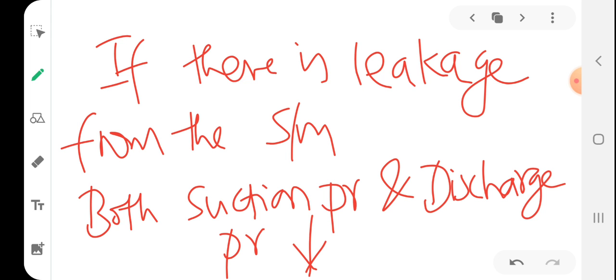This frost will start to block the passages or pipes, so that it will form an obstruction for the refrigerant to flow. If obstruction is formed, then there will be pressure drop, and all those things will adversely affect the system performance. So it is very important that the suction pressure should always be kept higher than the atmospheric pressure, so that there won't be any leakage of air and moisture into the system.